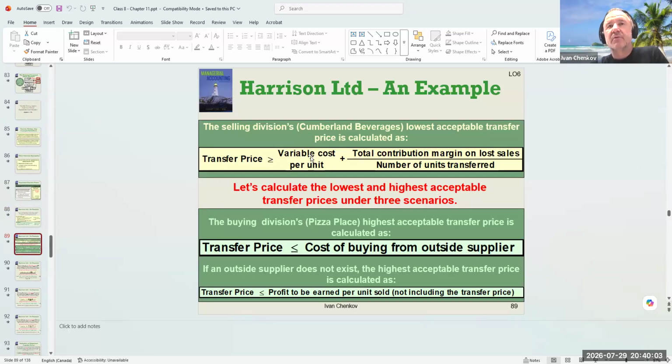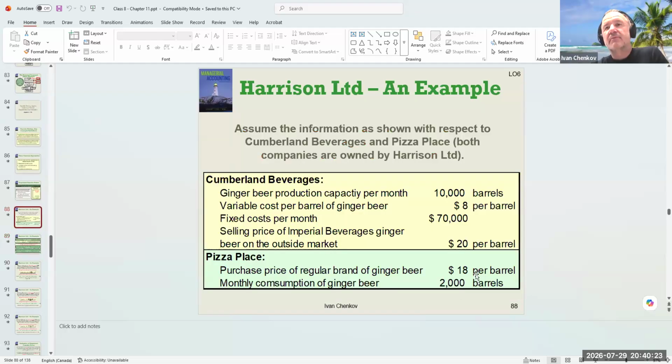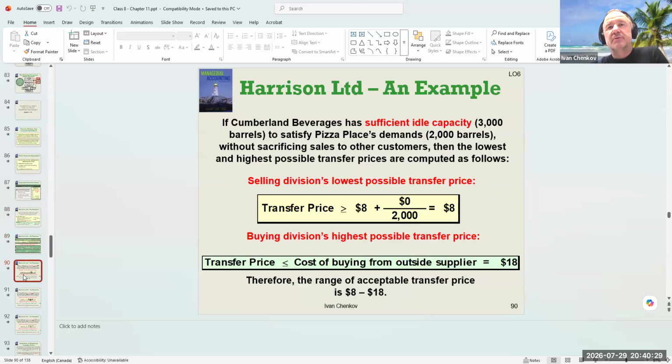So it will be the variable cost plus the total contribution margin lost on sales, divided by the total of all the units which are transferred. The transfer price for the buying division is always going to be the cost that they buy from outside, or $18. So let's see how exactly the formula is going to work.